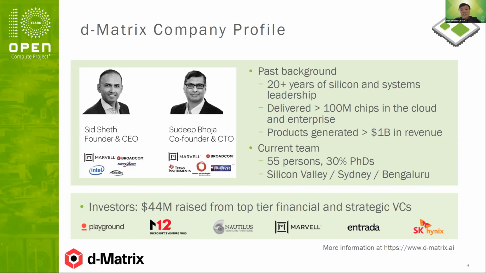The products generated more than $1 billion in total revenue. Our current D-Matrix team consists of 55 very talented people located in Silicon Valley, Sydney, and Bengaluru. As of today, D-Matrix has raised $44 million from our investors, including Playground, M12, Nautilus, Marvell, Entrada, and SK Hynix.